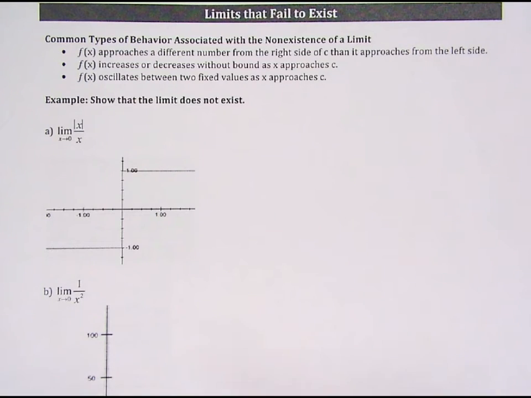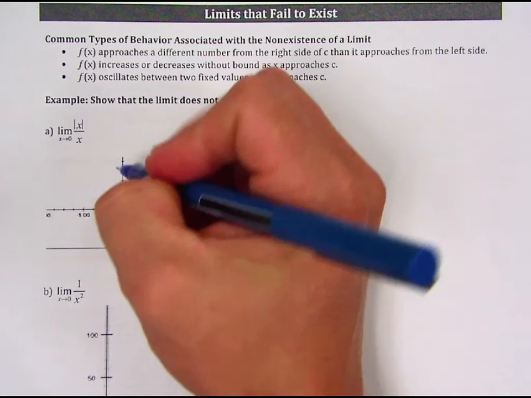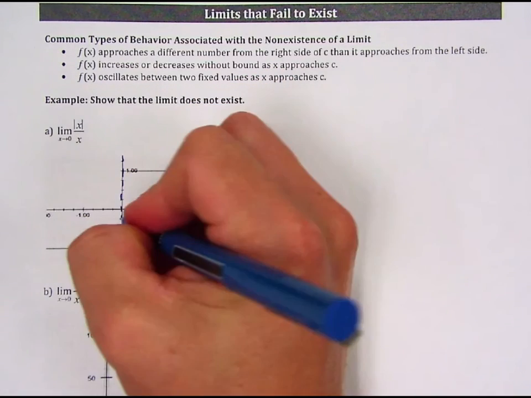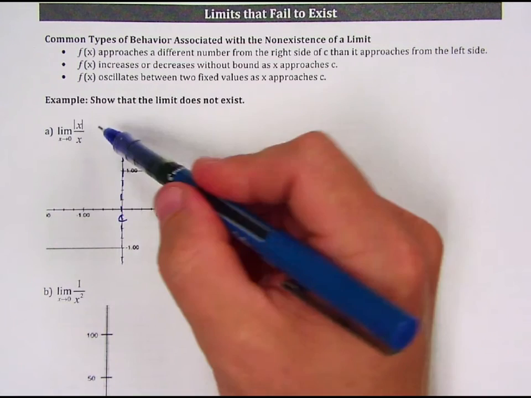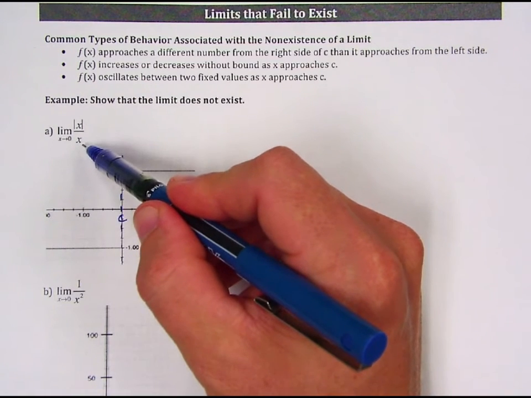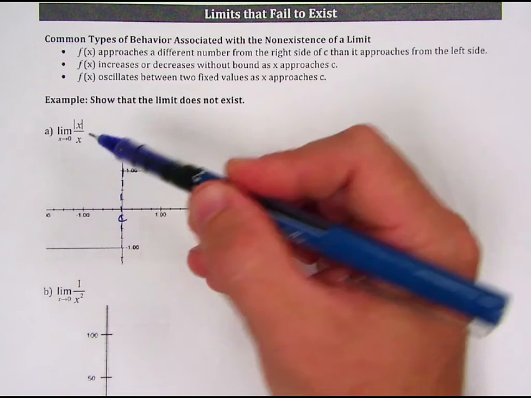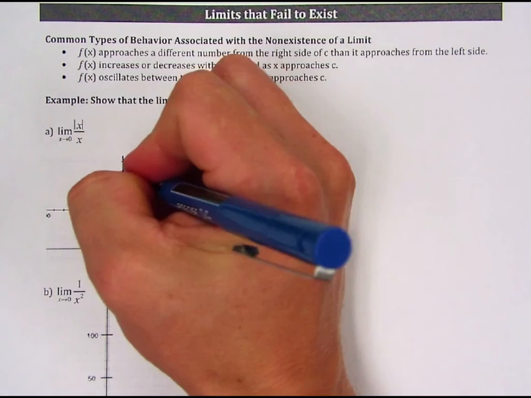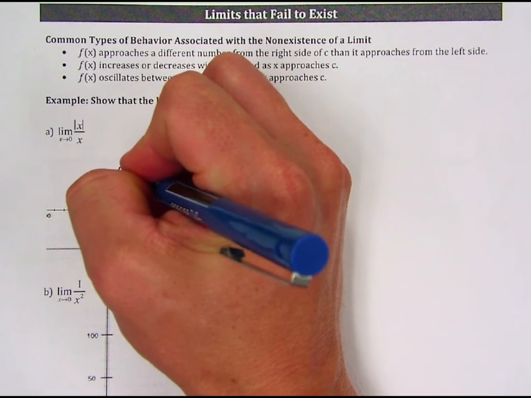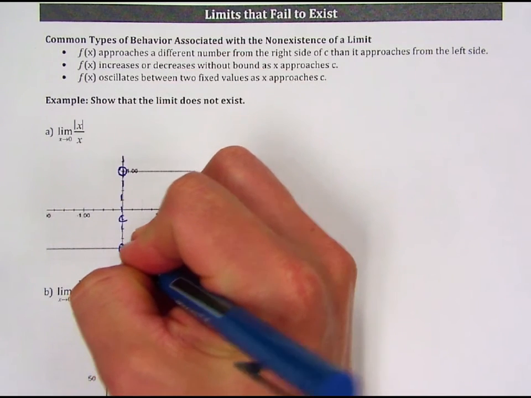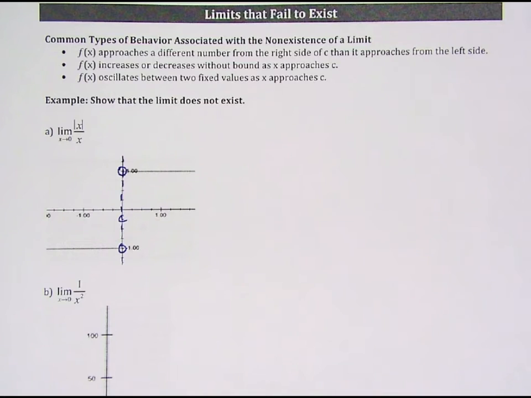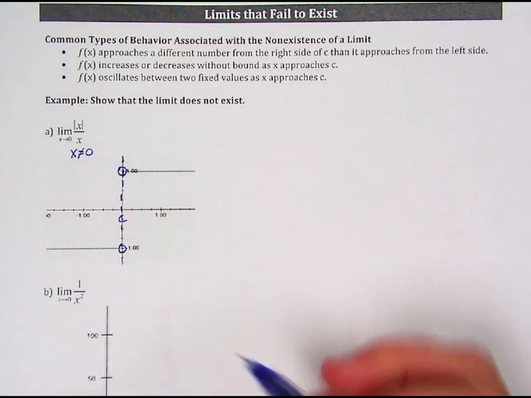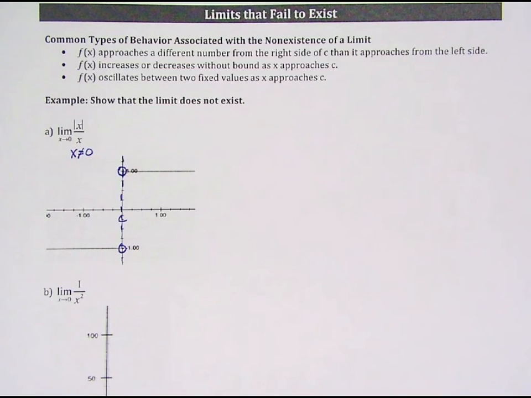So it's finding the limit as x approaches 0, so here's c equals 0, of the absolute value of x over x. Now in this case, it looks like x cannot equal 0, because then we'd have to divide by 0.